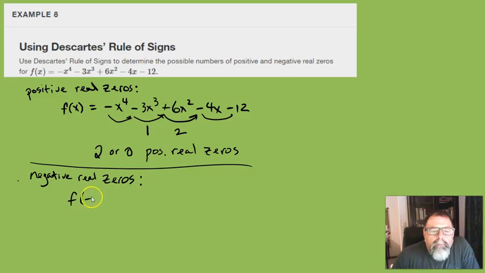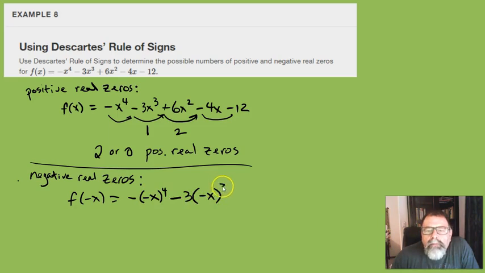So we're going to do f of negative x, which is negative x to the 4th, negative x to the 3rd, negative x squared, negative x.